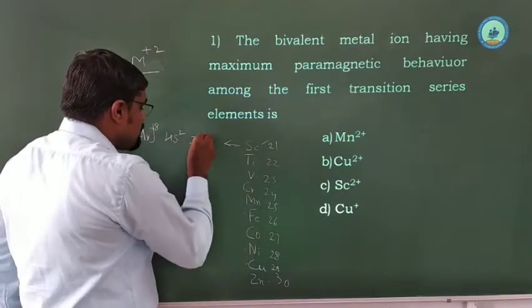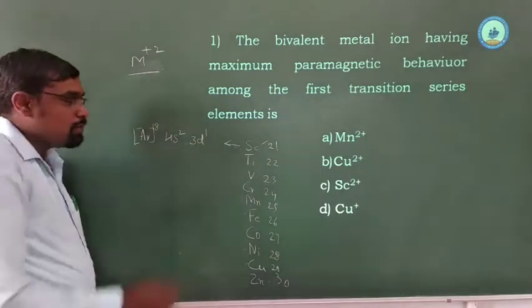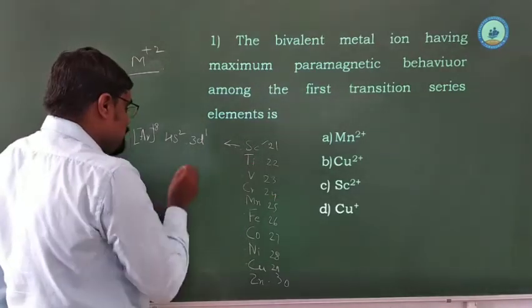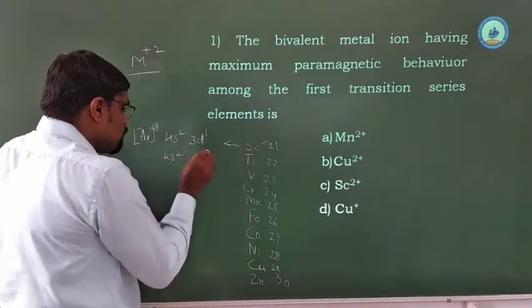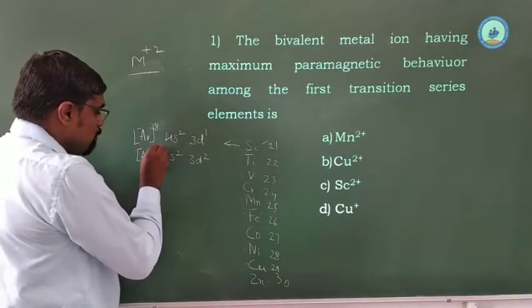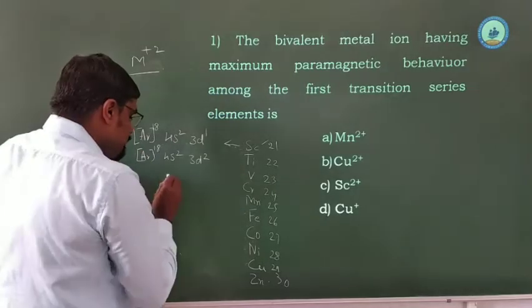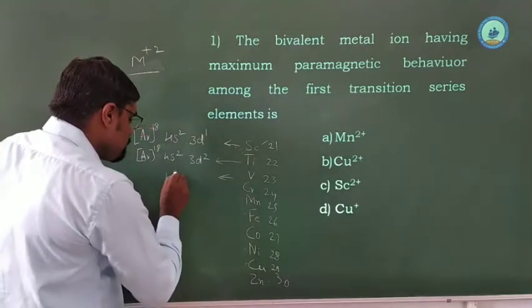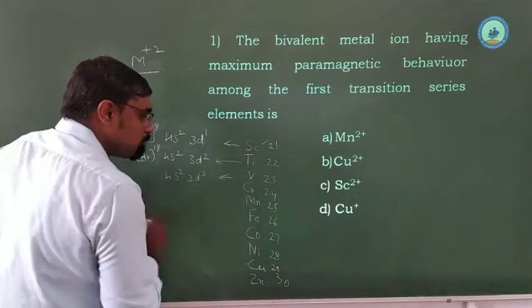So we will write 3d1. Like that, for titanium, 4s2 3d2. Next, vanadium: 4s2 3d3.